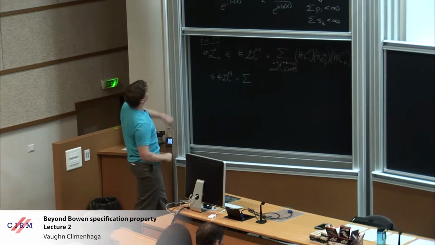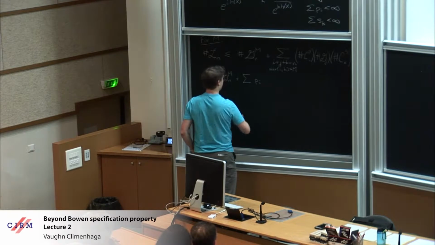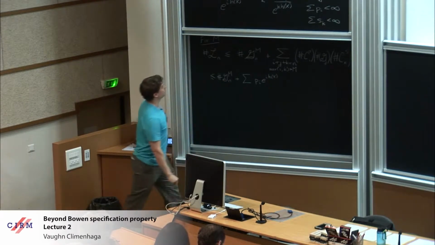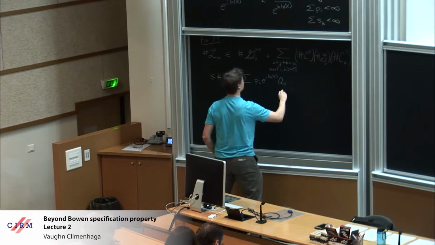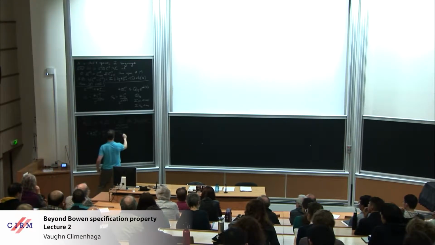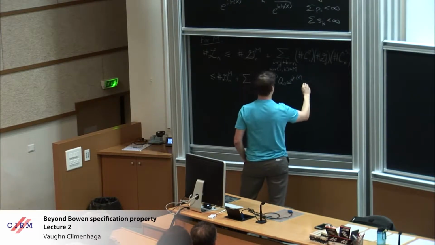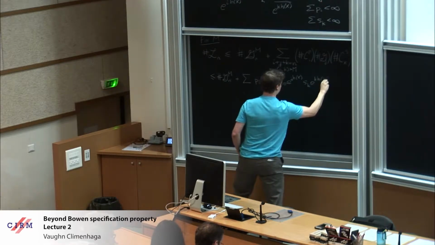The number of prefix words of length i is p_i times e to the ihx. The number of good words of length j is less than or equal to q naught. So this is the case when m is equal to 0. I'm only counting good words themselves. Times e to the j times entropy. And the number of suffixes is s_k times e to the k times entropy.